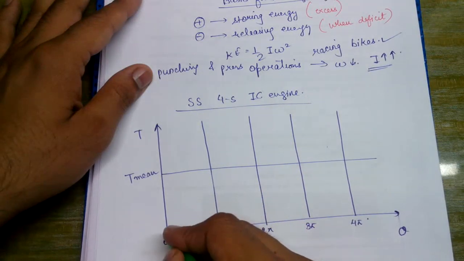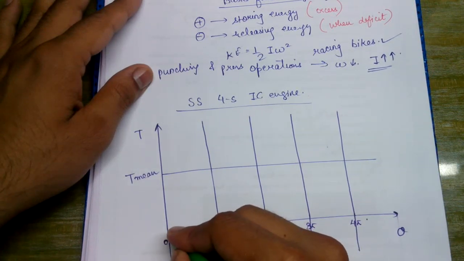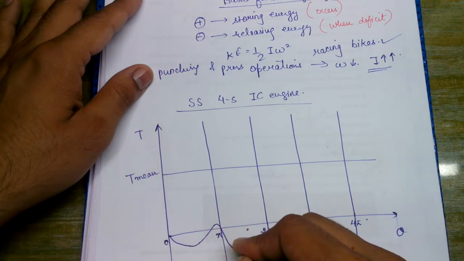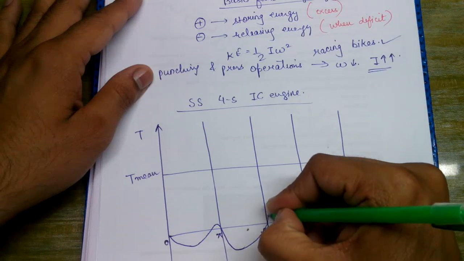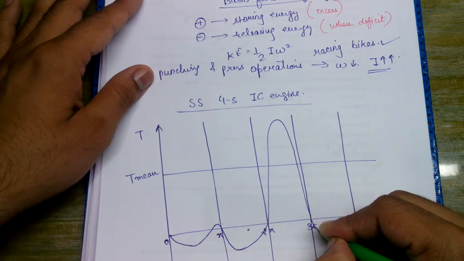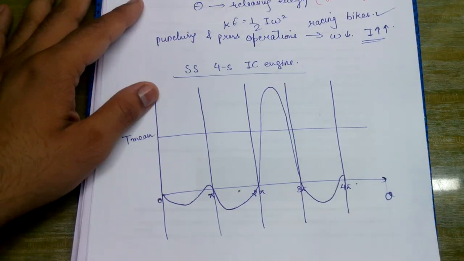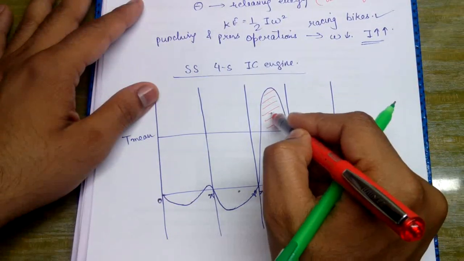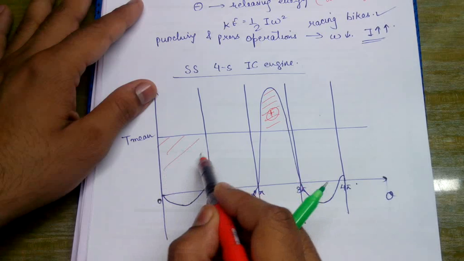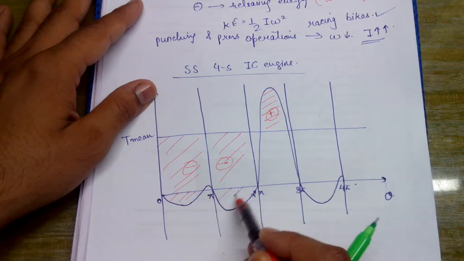So the diagram would look somehow like this. I will extend these lines first. Okay, so this is actually the shape of the turning moment diagram, such that this area which is lying above the mean torque line is the positive corresponding area, and all the area which is lying below the mean torque line is actually representing the negative area.